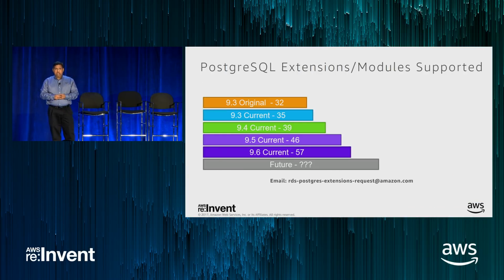The other thing I want to talk about is that Postgres is very ecosystem friendly. A lot of people have developed many extensions on the core Postgres itself. When we started RDS Postgres, we started with 32 extensions. As of the latest release, we now support 57 extensions on Postgres.